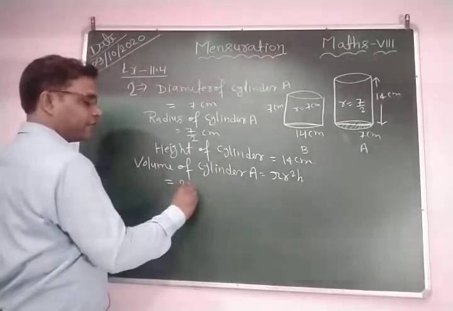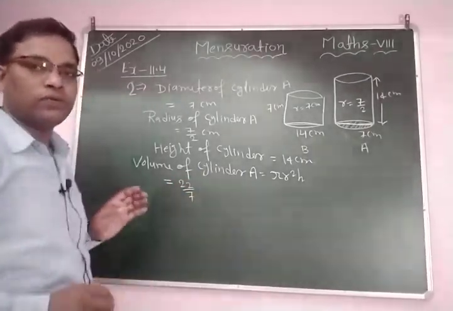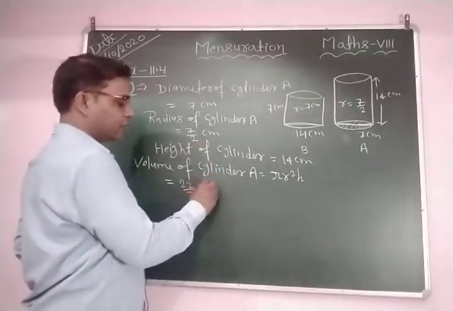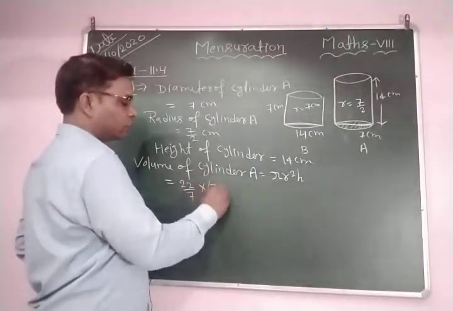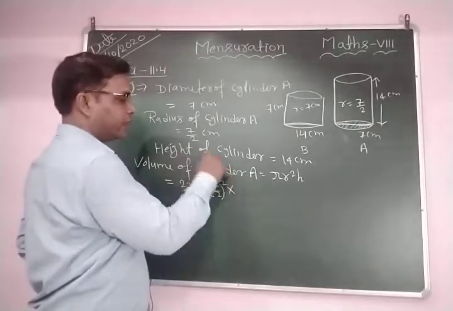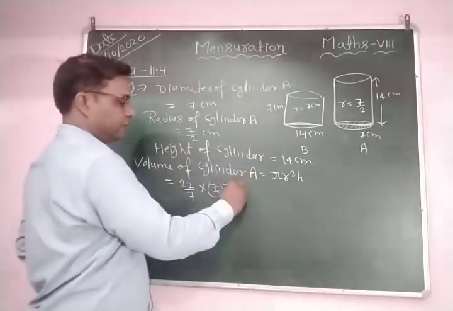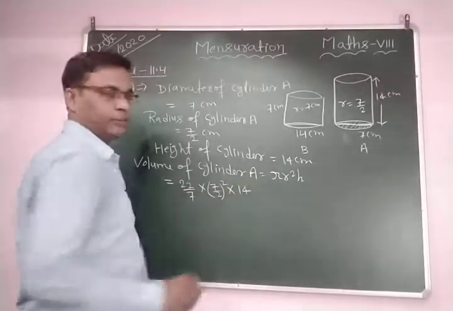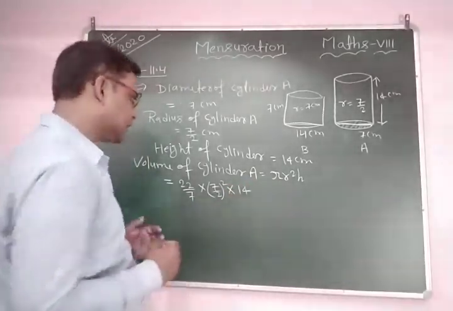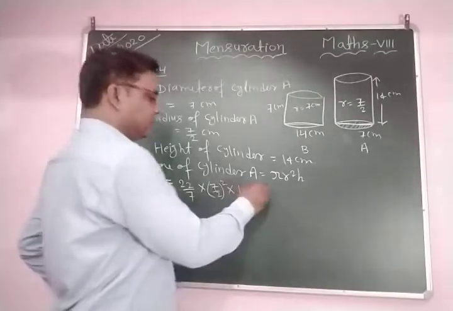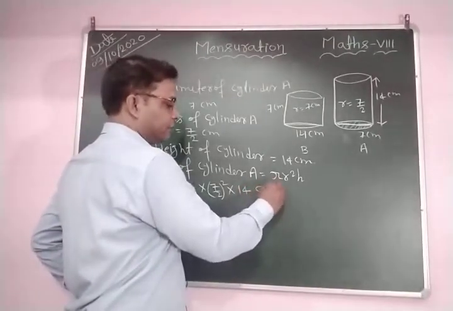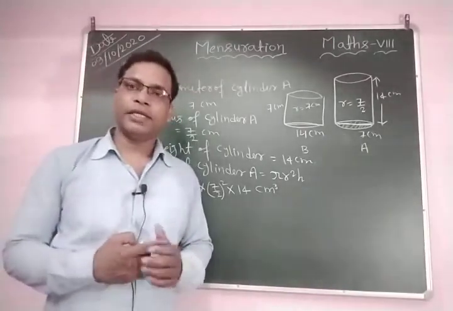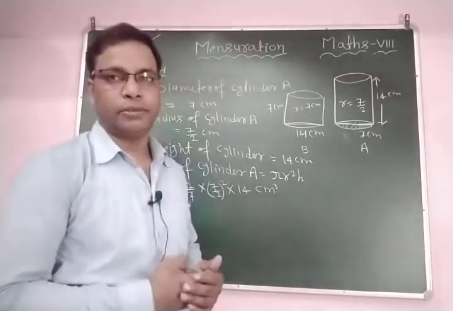The value of pi is 22 by 7. R is 7 by 2, so you write 7 by 2 whole square, into h. H is 14 centimeter. In case of volume, we write centimeter cube. In case of area, we write centimeter square, and in case of length, we write centimeters.